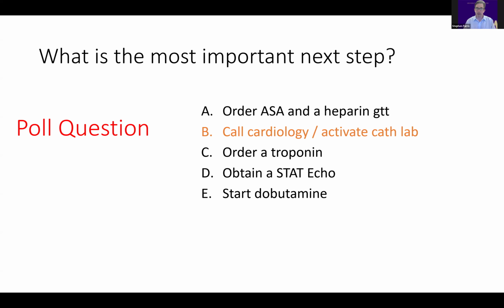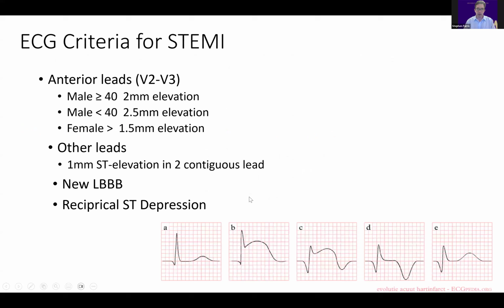Ideally, by the time you get the troponin back, they've already had a catheter in their body and are getting their angioplasty and stents. So acute treatment of STEMI is important. Any other questions, Emily? Okay.